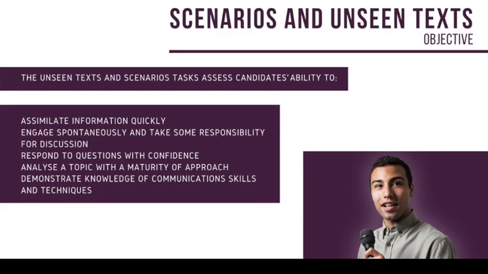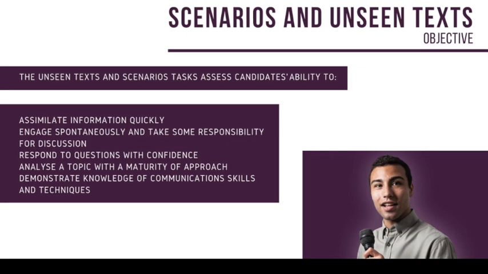We now come to a shift, and this is the second kind of task wherein it's the more impromptu set of tasks. So here we have various scenarios that are presented to a candidate and unseen texts. So the unseen texts and scenarios assess a candidate's ability to assimilate information quickly and engage spontaneously.